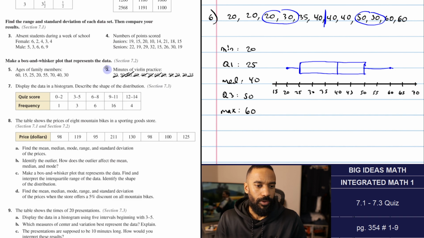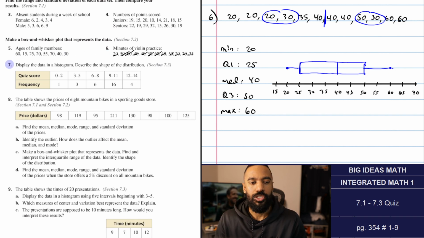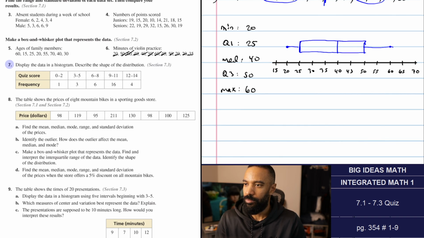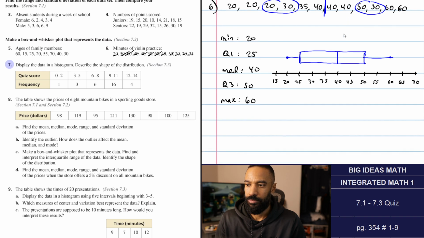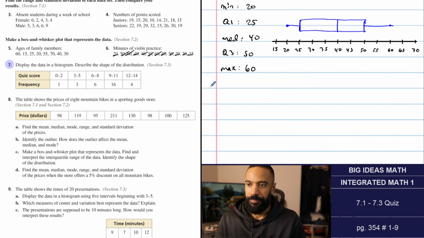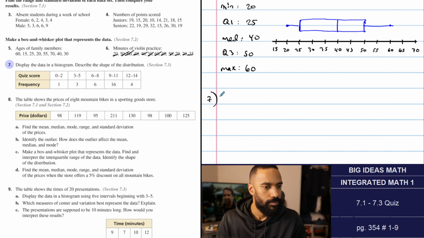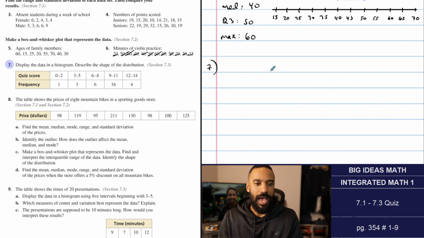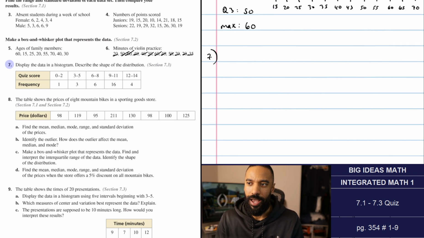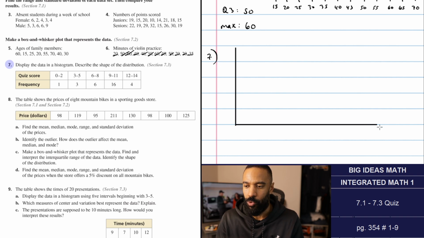Okay, number 7. Display the data in a histogram. Describe the shape of the distribution. So, they have all the information for us to just draw it right now. The way I've been doing histograms for you guys is just doing kind of a first quadrant setup, going by good increments.